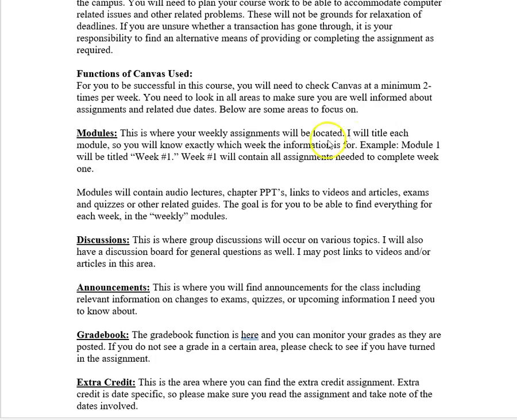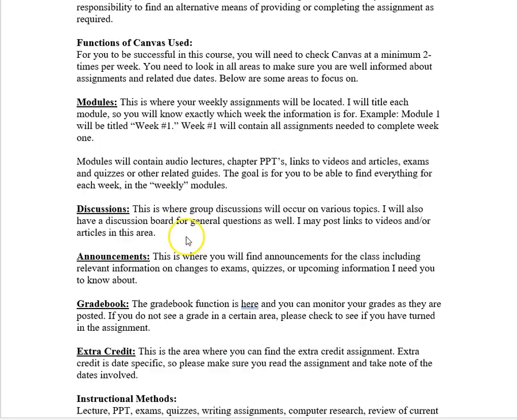So what I've also done for you is to put together some main components of Canvas. These are the functions that are typically used in Canvas that I want you to pay attention to. They're the larger functions. So for you to be successful in this course, first of all, you need to check Canvas at minimum 2 times per week.